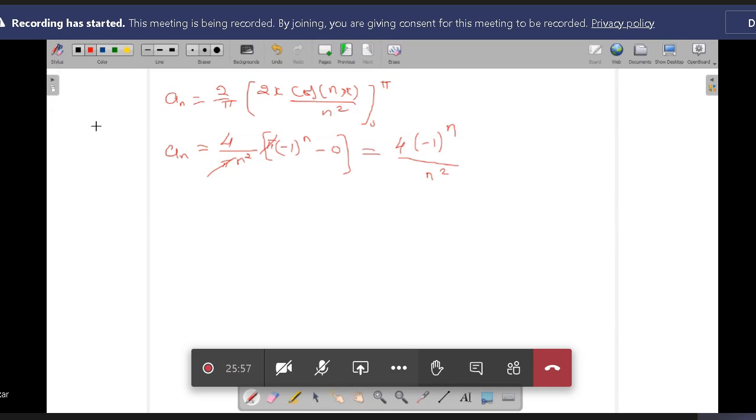So equation 1 finally becomes f of x, that is x square, equal to a naught by 2 plus summation n from 1 to infinity an cos 2n pi x by t.